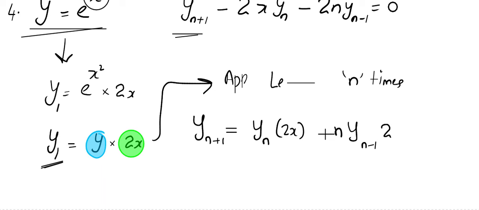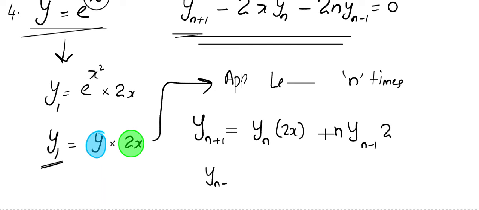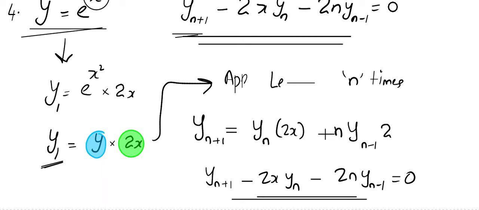Done. That's it. Come on, that's it. So look at this. So we get yn plus 1 minus 2x yn minus 2n yn minus 1 equal to 0. The question looked weird because it's something like outside the pattern which they ask regularly, but the process is extremely simple.